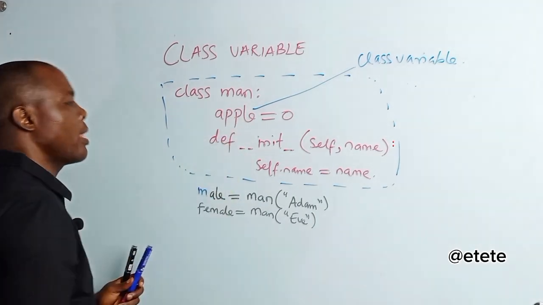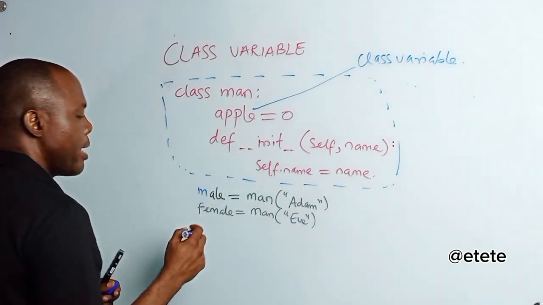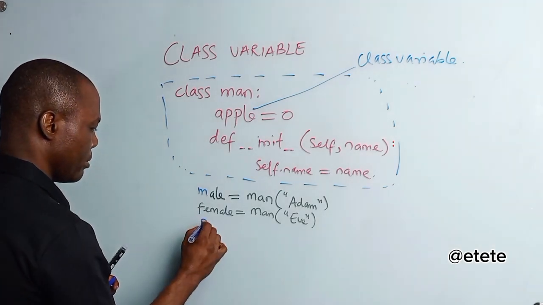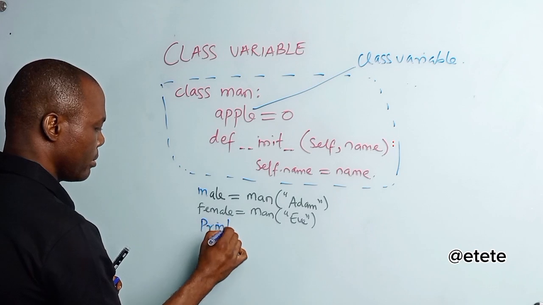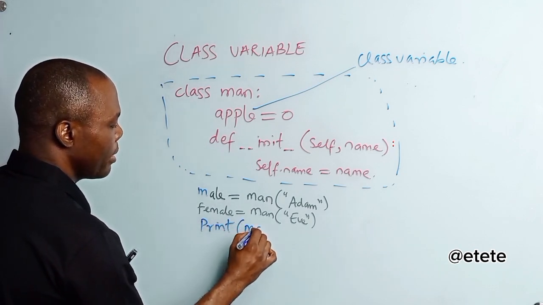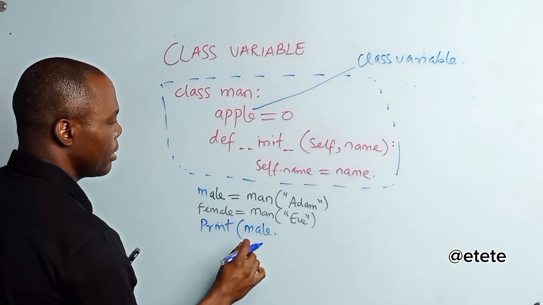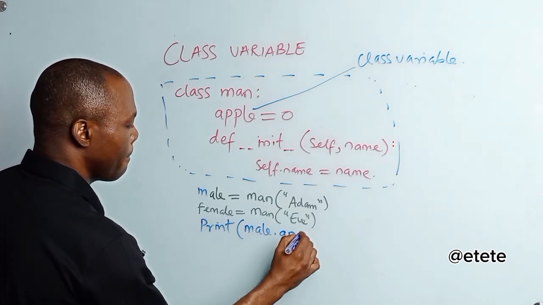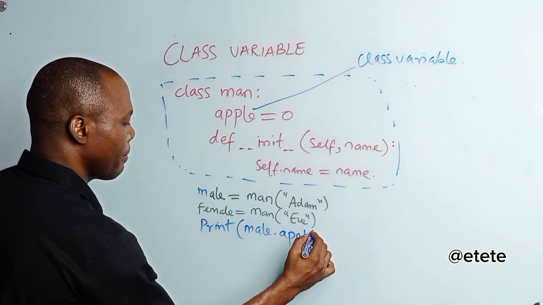The class variable. Okay. Now, I can now come here and say print male.apple.